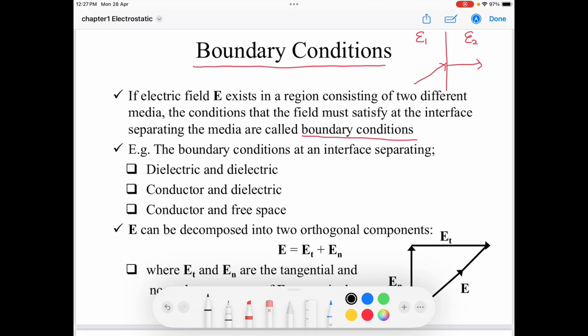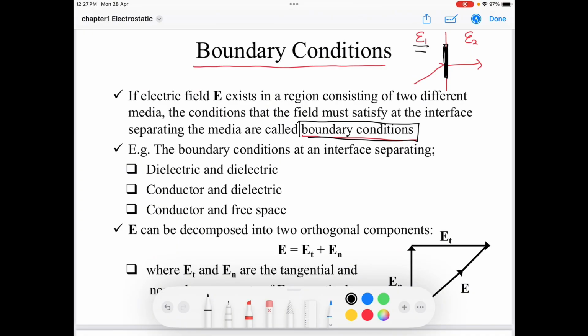Based on these boundary conditions, we determine the electric field in another medium, given the electric field in the first medium.